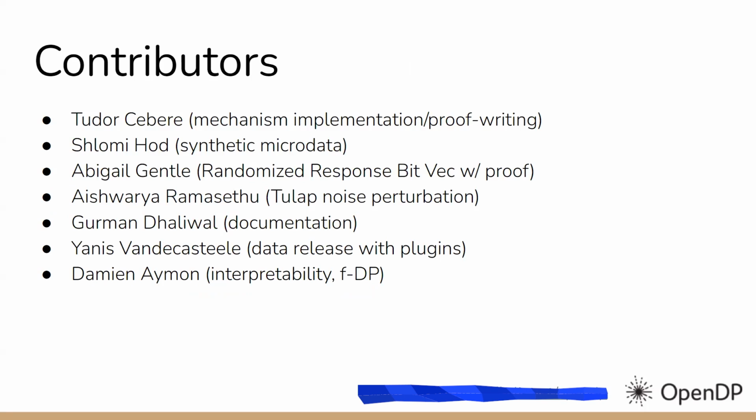I want to highlight some of the contributions from Tudor and Shlomi, Abigail, many of you here in the audience. The feature set and things we make available are really built on these kinds of contributions we get from people.